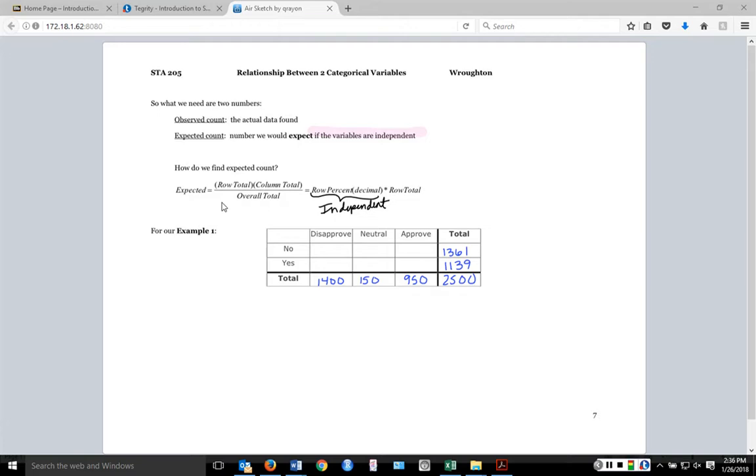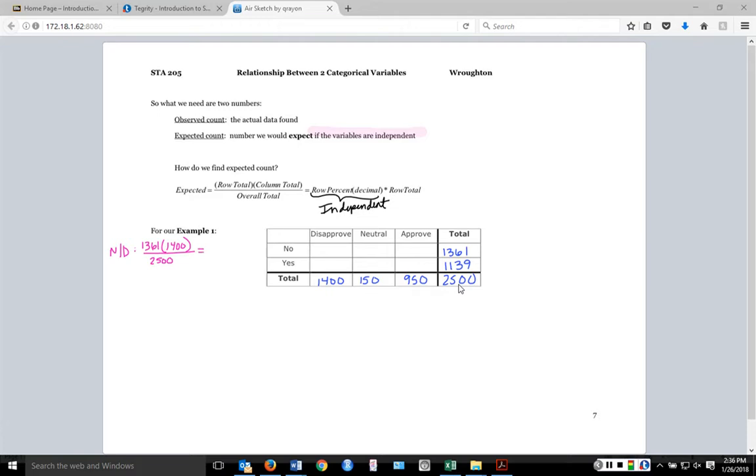So let's first look at those that didn't vote for Trump and disapproved. So using this first formula, we're going to take the row total, which is 1,361, times our column total, which is the 1,400. And we're going to divide that by our overall total, which is 2,500.